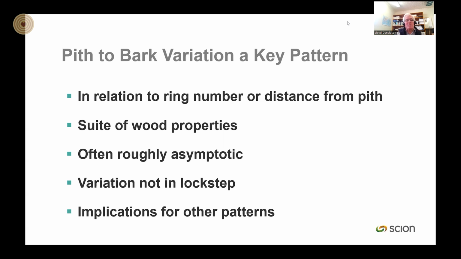But the various wood properties do not vary in lockstep with each other. Also, this pattern of pith to bark variation has implications for other patterns. For instance, the differing numbers of rings represented at different heights of the tree can automatically lead on to different means for the various properties at different heights.